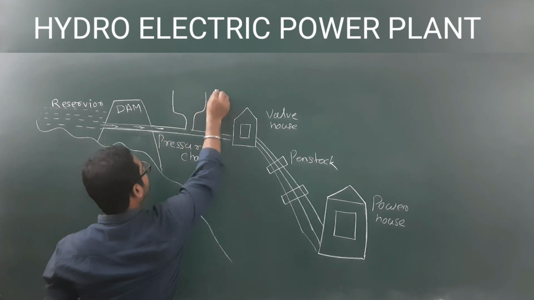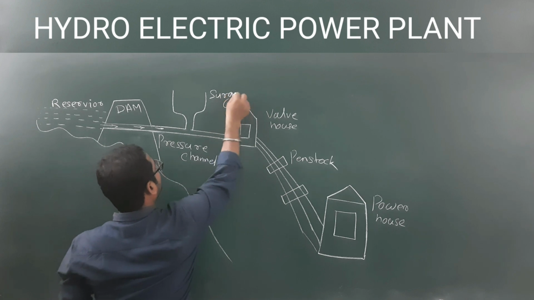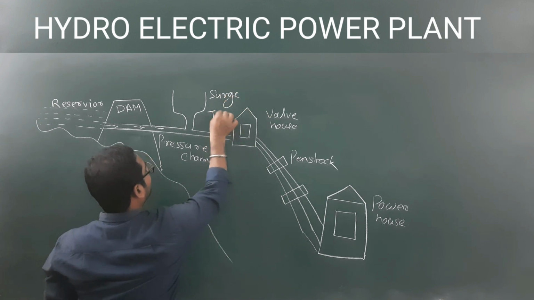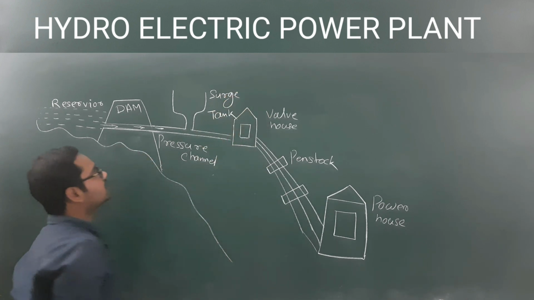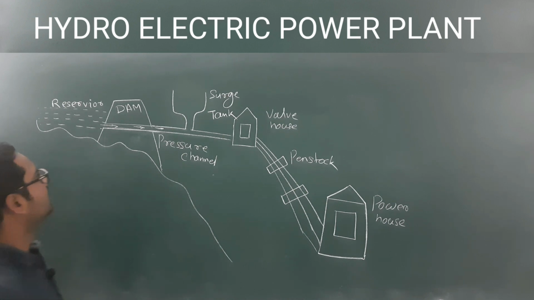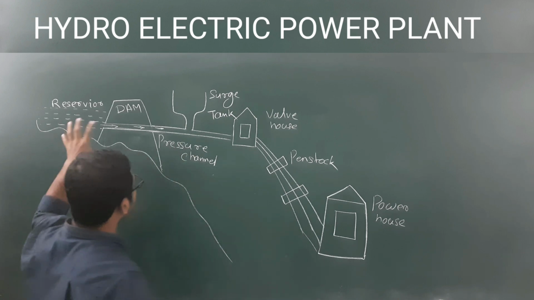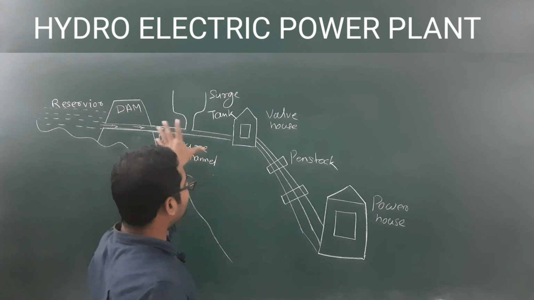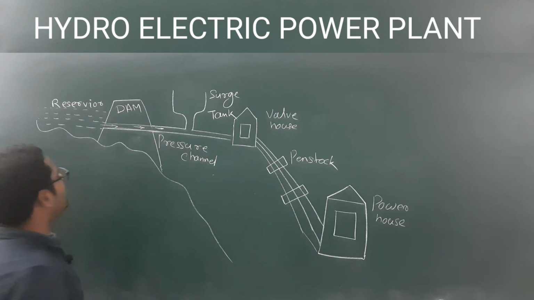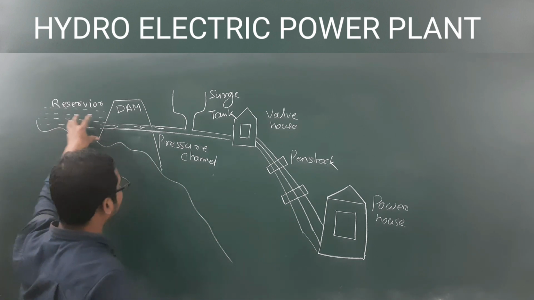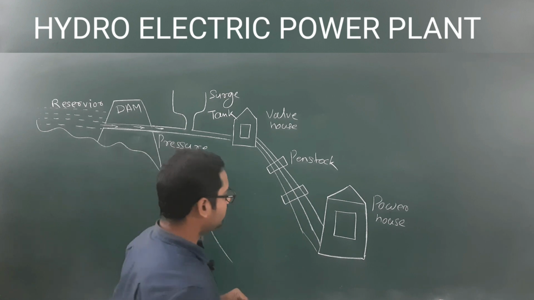This is called your surge tank. These are the main parts of your hydroelectric power plant, where by the help of water your power is produced.